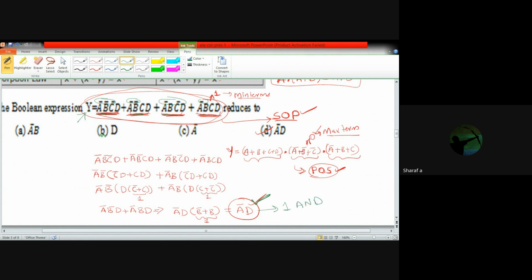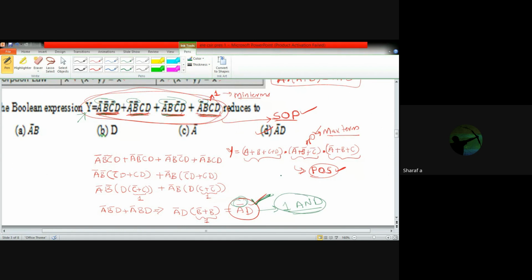Okay, you just need one AND gate because in A bar D only one product is there, and you need one NOT gate. So your number of gates will be reduced, and the digital circuit will be much easier to construct.